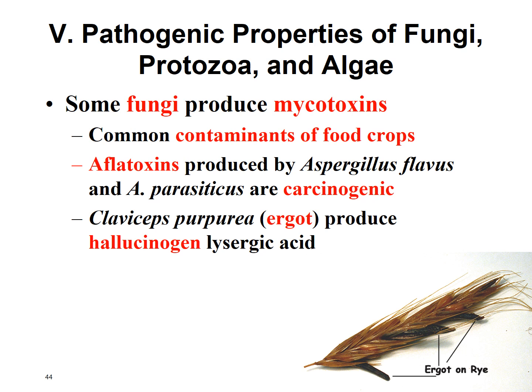This is showing you some rye on the bottom, and these spiky structures sticking out, that's the ergot. The ergot are reproductive structures that the fungus uses to produce spores and then spread to other plants. The problem is that the fungus produces a mycotoxin that's similar to LSD, and so it causes hallucinations. That would not be so good to have in your cereal.